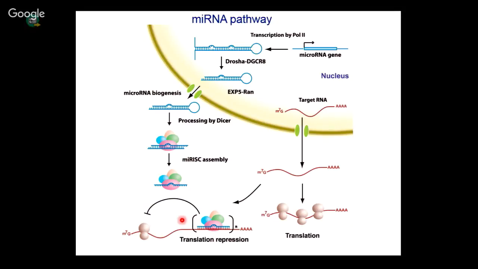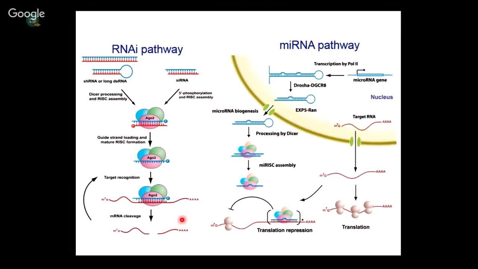If we compare these two pathways side by side, we can see some similarity, as they share the same features. First, they are both processed by Dicer, meaning that for the activation of siRNA or microRNA, those small RNA mechanisms need a short duplex at the beginning.